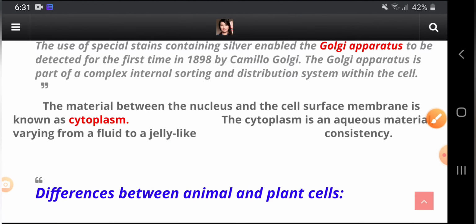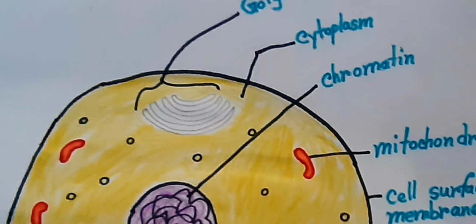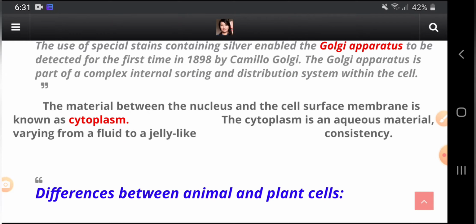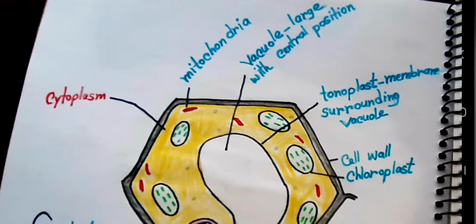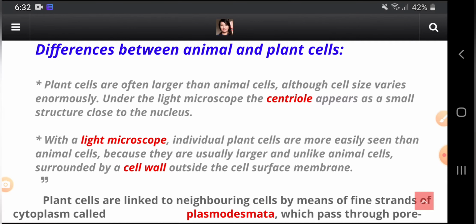The material between the nucleus and the cell surface membrane is known as cytoplasm. Cytoplasm is an aqueous material varying from fluid to a jelly-like consistency. So what is the difference between animal and plant cells? Plant cells are often larger than animal cells, although cell size varies enormously.